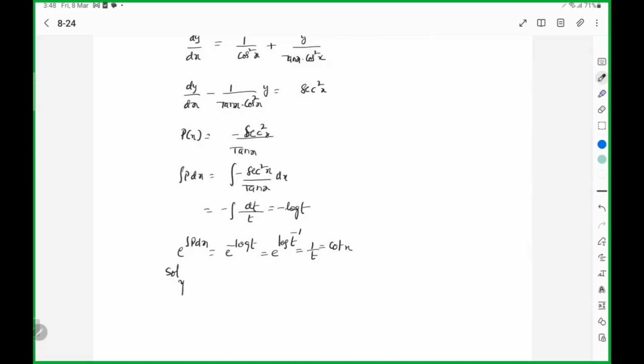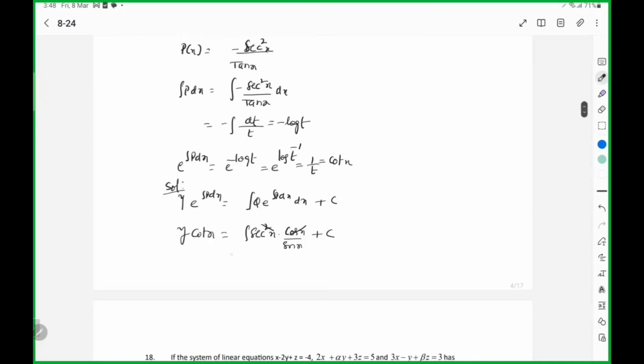So linear differential equation solution is integral of Q into cot x dx plus c, y cot x. Q here is cot x. I can write cos by sine plus cos and secant get cancelled. 1 by sin x cos x dx plus c.